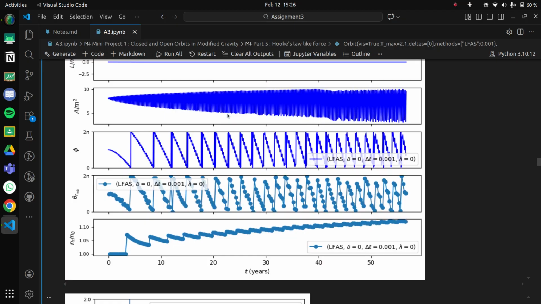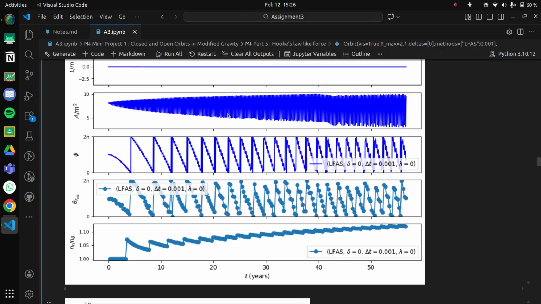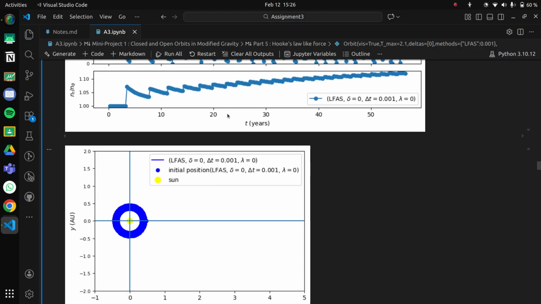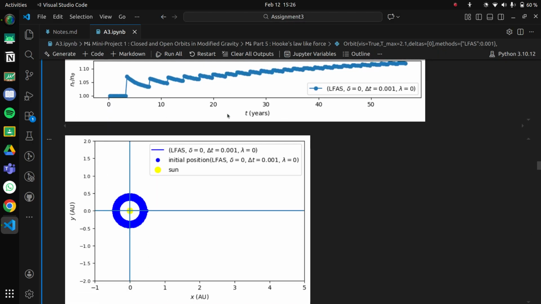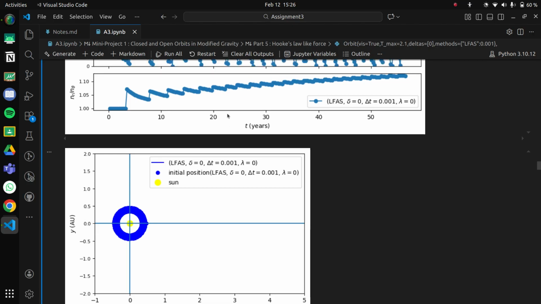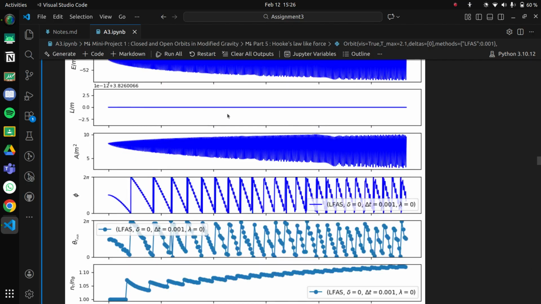What happened? I'll never understand what's going on. Okay, think about it. And the trajectory is like this. It's quite circular. It didn't fix what we wanted. So there's something weird going on. The amplitude is just increasing.